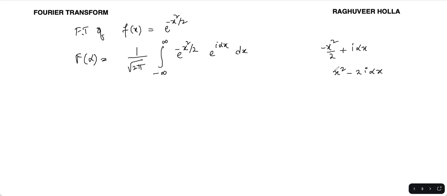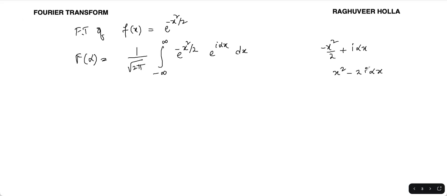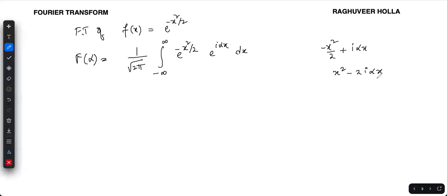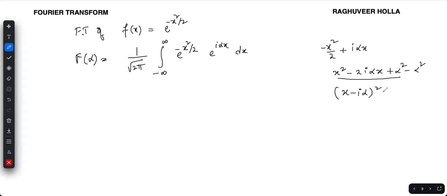Okay, so taking 1 by 2 outside, if you look at this, I can add alpha square and subtract alpha square. So I can combine this as x minus i alpha whole square, and this is plus alpha square.